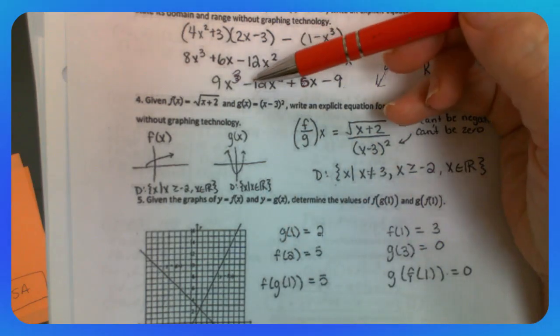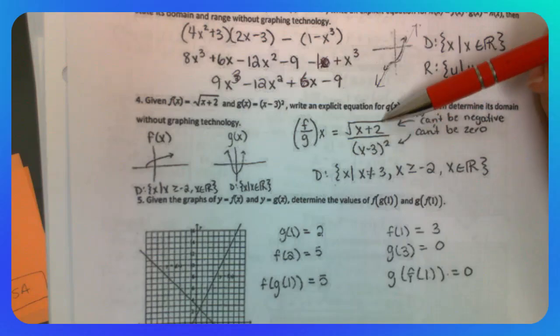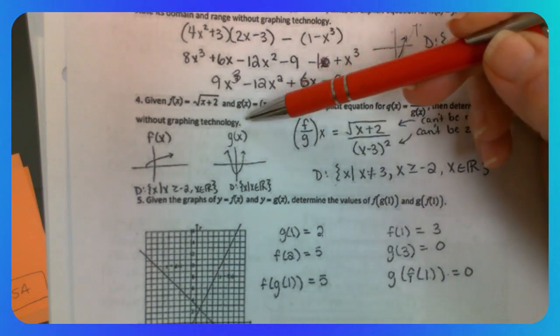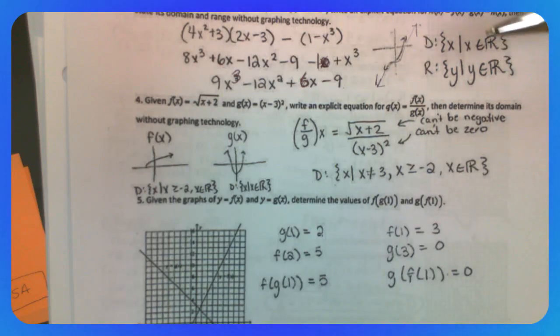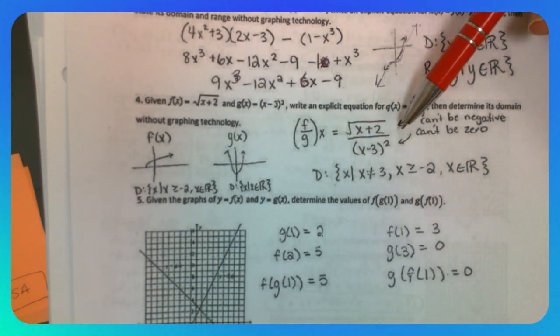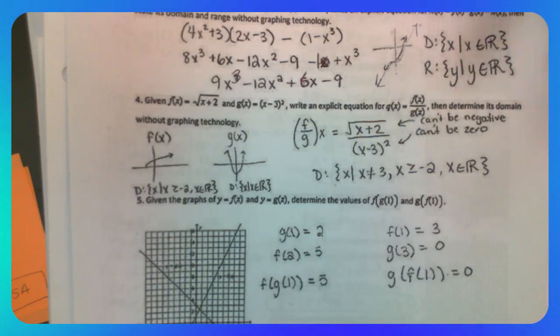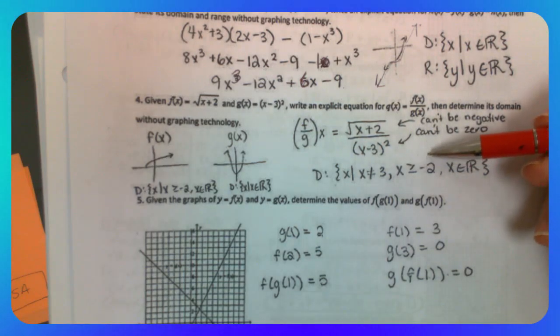All right, this says do it without graphing technology because I want to see your algebra first, but you're going to be able to use graphing technology and you'll be able to see where your asymptotes are or where any restrictions are.